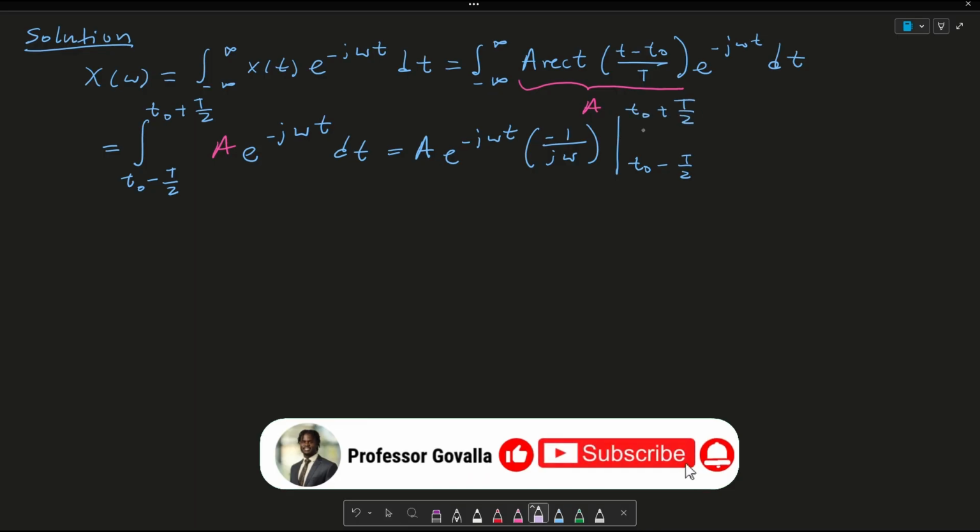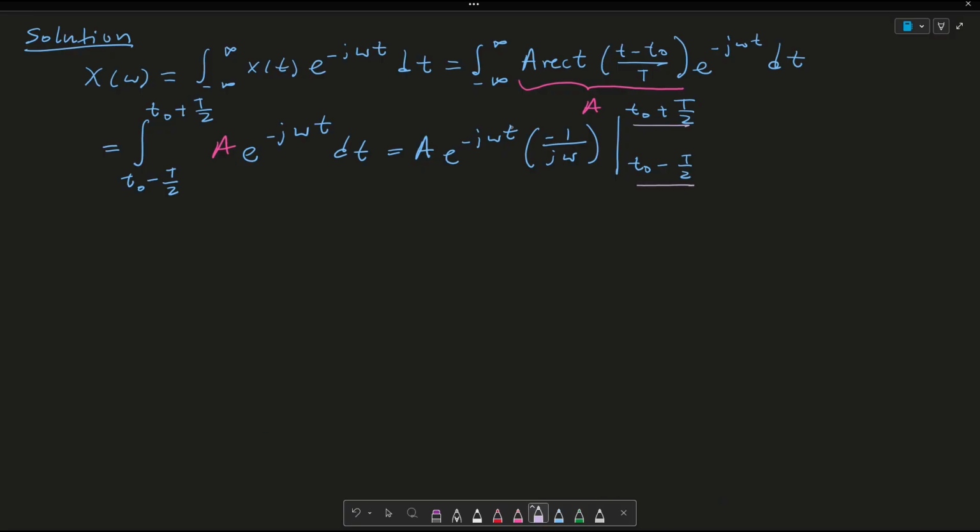If I then plug in my limits for t, I get that my Fourier transform X of omega is equated to minus A over j omega times e to the minus j omega times (t naught plus T over 2) minus e to the minus j omega times (t naught minus T over 2).